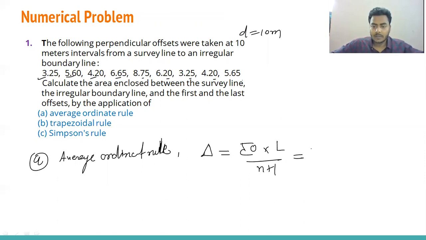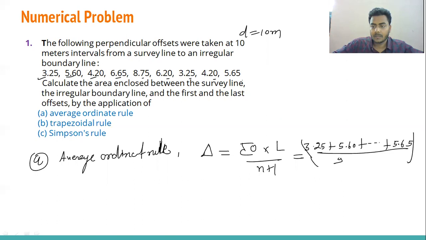So we take the summation of ordinates, 3.25 plus 5.60 plus up to 5.65, divided by the number of ordinates: 1, 2, 3, 4, 5, 6, 7, 8, 9. So here it is 9.